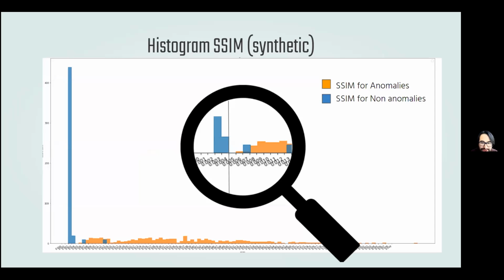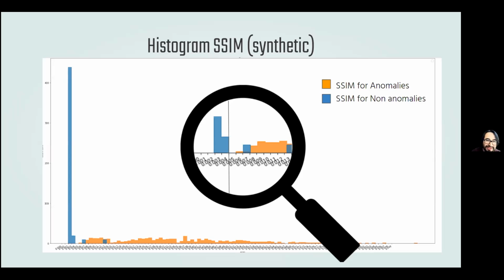As you can see here, we have two groups, the blue one and the orange one. The blue one is data without anomalies, and the orange is data created with synthetic noise, data with anomalies.